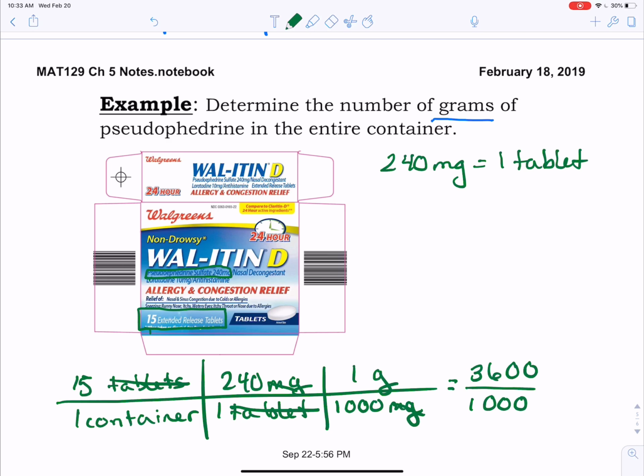In my denominator, I have 1,000, and when I divide them out, I end up with 3.6 grams. Now notice we still have that container in the bottom. So we can put that in words and say there's 3.6 grams per container.